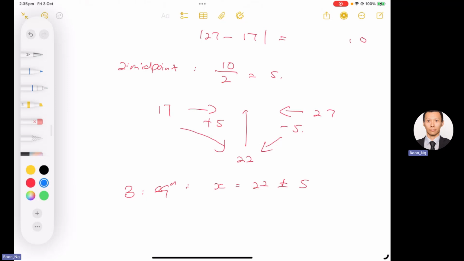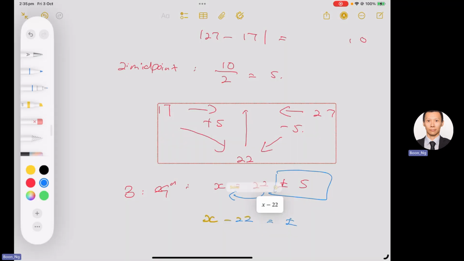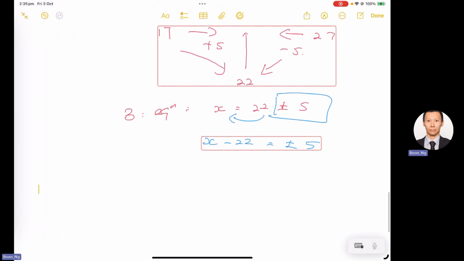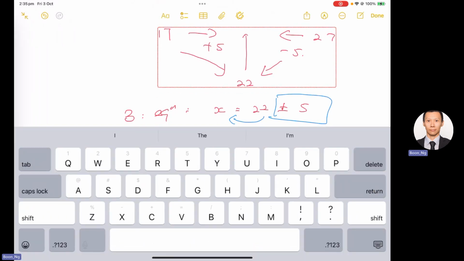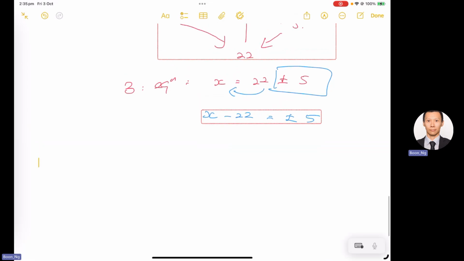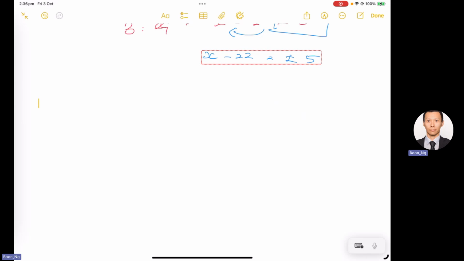The technique is you keep this one and move this across. So x minus 22 equals plus or minus 5. And what you then do is, you take away, you do not write this.